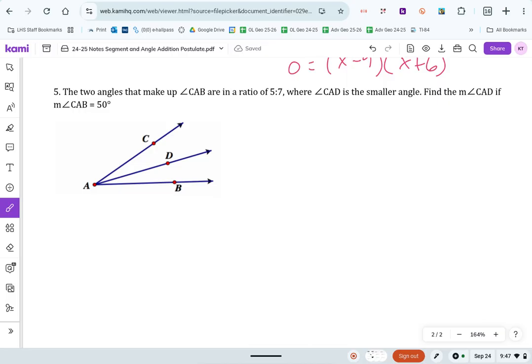Just like right here, for AXB, so 3 points and angle AXB, right? Because our measurement has 7x, we try to solve that, we get x, we multiply x by 5.